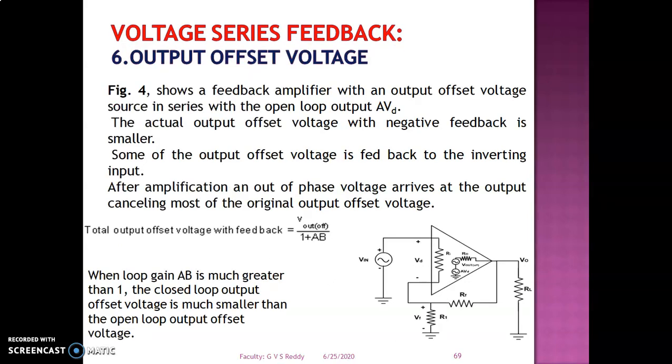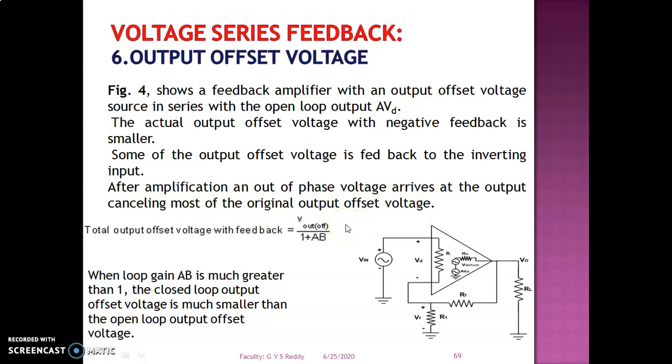So the figure, that's the circuit diagram, is shown. It shows the feedback amplifier with an output offset voltage which is in series with the open loop output AVD. The actual output offset voltage with negative feedback is smaller. Some of the output offset voltage is fed back to the inverting input. After amplification, an out-of-phase voltage arrives at the output, cancelling most of the original output offset voltage.